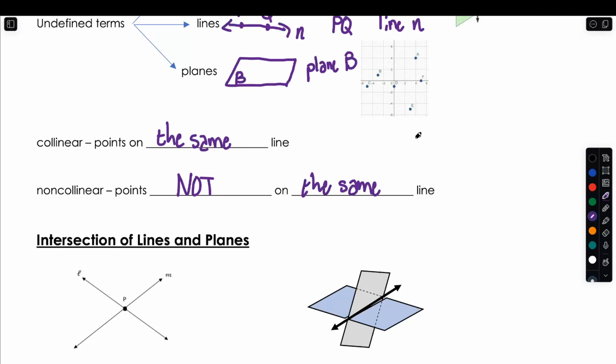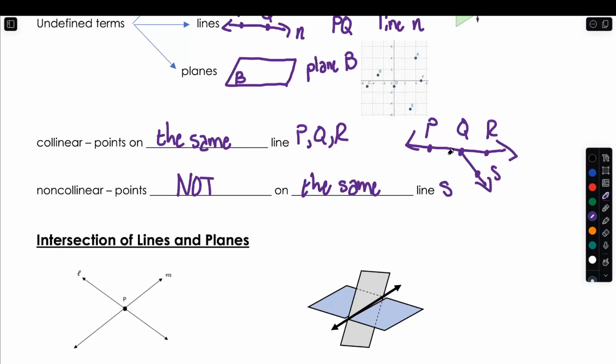For example, I'll draw a line here, and I'll draw another line branching off of it. And on my first line, we'll have P, Q, and R. And on the line branching off, we'll have S. P, Q, and R would be collinear, while S would be non-collinear with P, Q, and R.